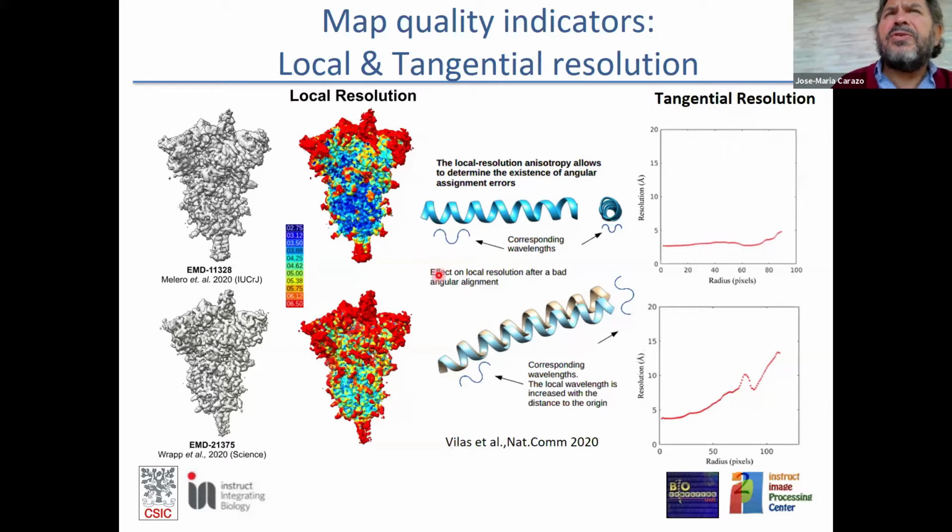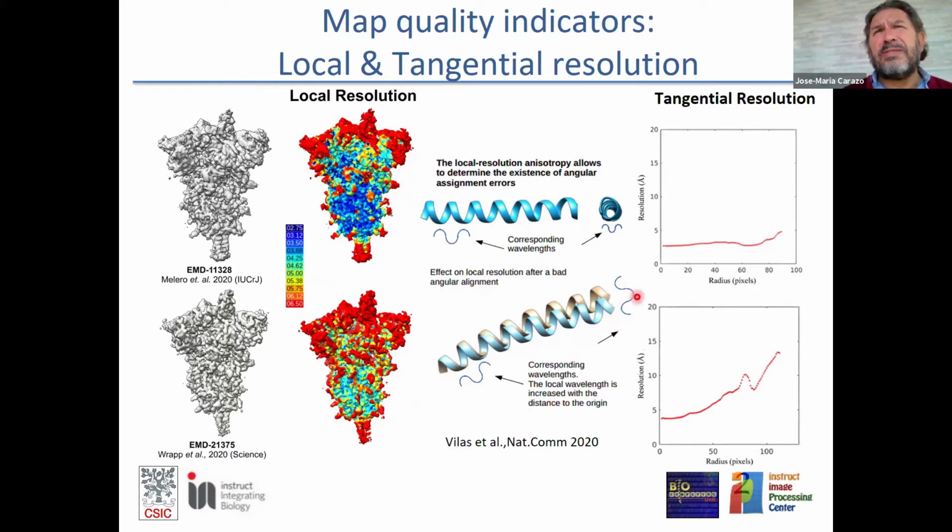Here, imagine that we have, for instance, a rod, an alpha helix in the structure, and we are calculating rotations for angular alignment around, for instance, this point. If we have an error in angular alignment, there are going to be rotations, and these rotations create a blurring that depends on the radius.